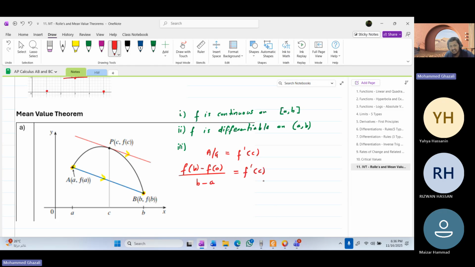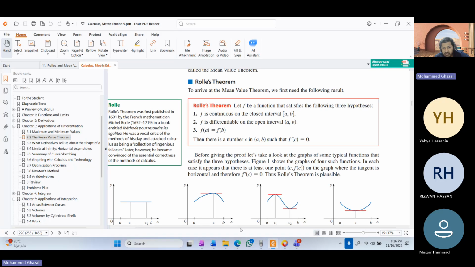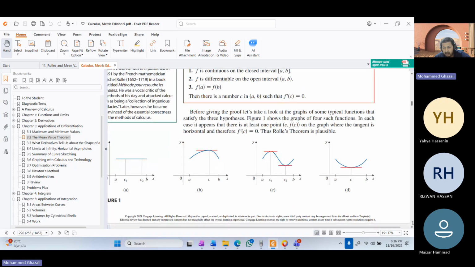Now where's the value of c? c is in between. There's one more condition, where the value of c is in between a and b. Okay, so that's a condition. I just want to check the actual formal definition for the mean value theorem.